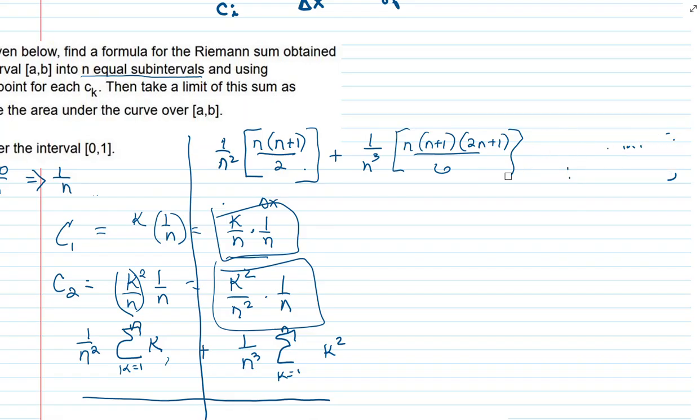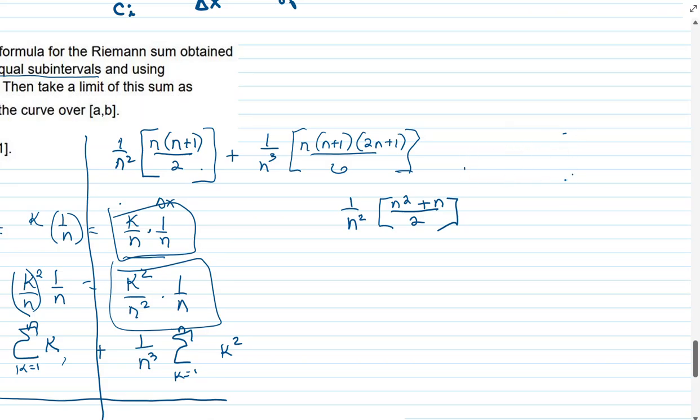Okay, so we got it. All right, now we do the math. In this case, I have 1 over n squared times n squared plus n divided by 2. I'm going to do this one first.